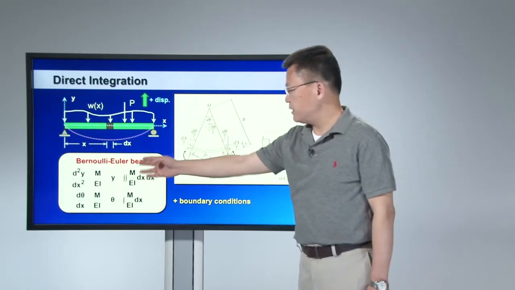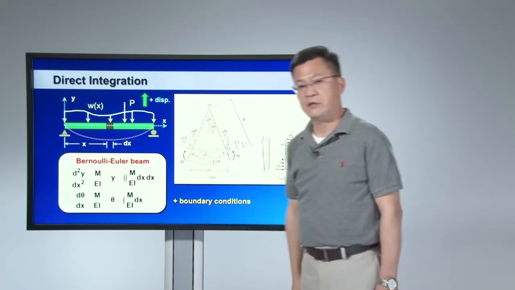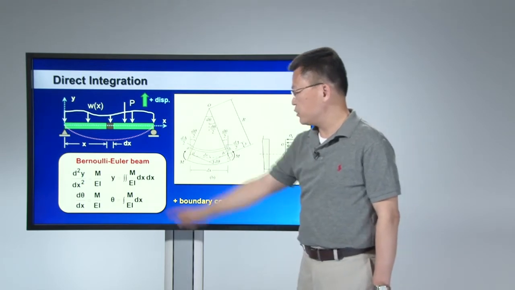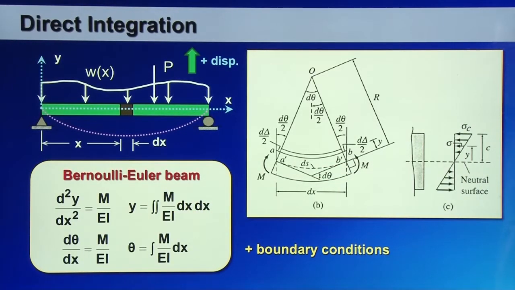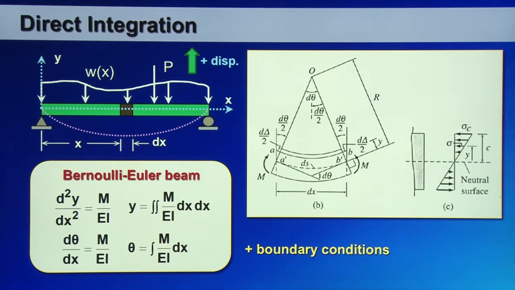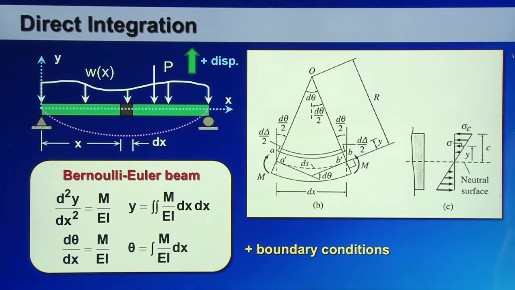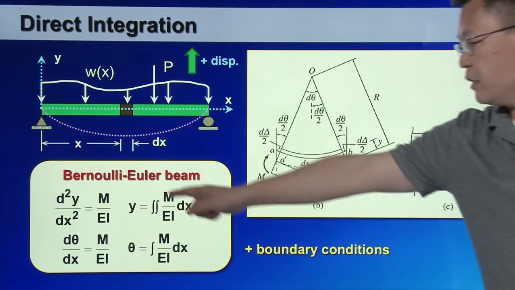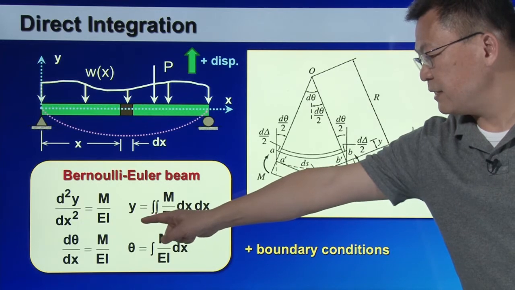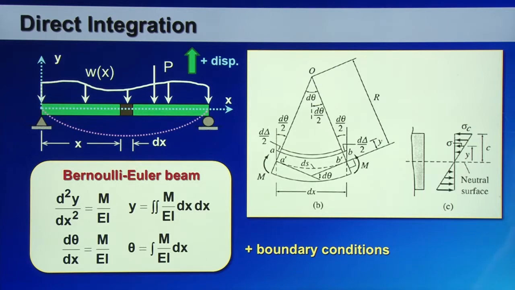So mathematically, it's quite straightforward if you want to establish displacement from this equation. All you need to do is perform double integration of M over EI, then you will get displacement. Also note that the first order derivative dy/dx is equal to the rotation angle theta. So the moment curvature equation becomes d theta over dx equals M over EI, if you express dy/dx as theta.